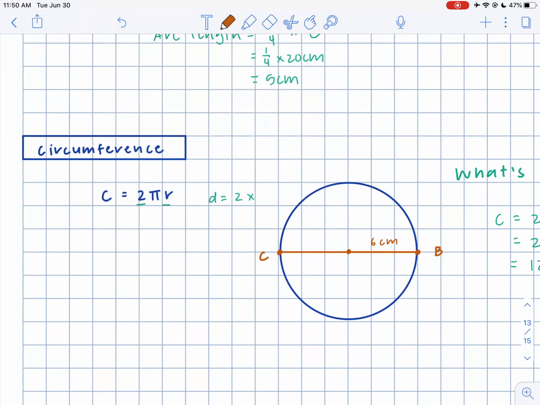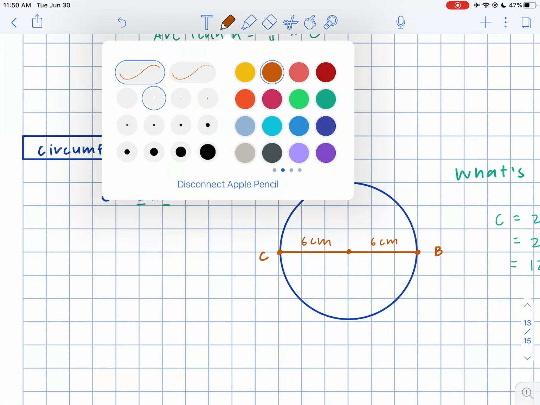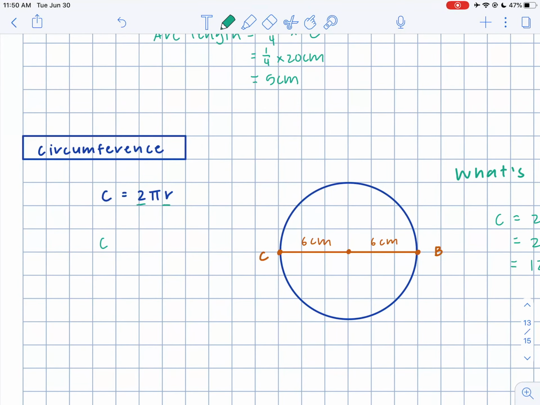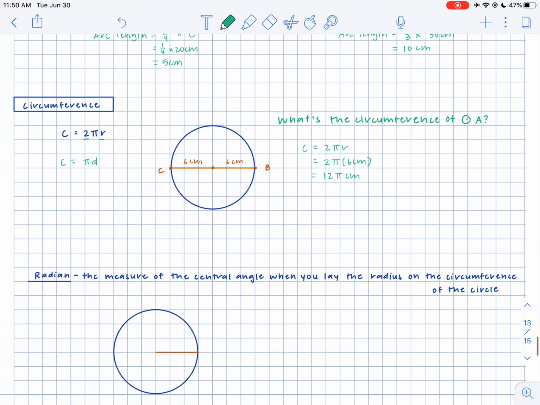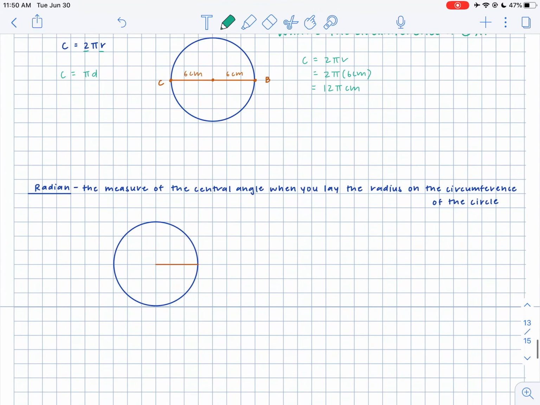Let's call it CB. And the diameter is just 2 times the radius. So if we wanted to write another form of the circumference, you could write pi d, so pi times the diameter. So those are two different ways to look at it. It depends if you'll be given the radius first or the diameter first. But you can use both of those and you should get the circumference.